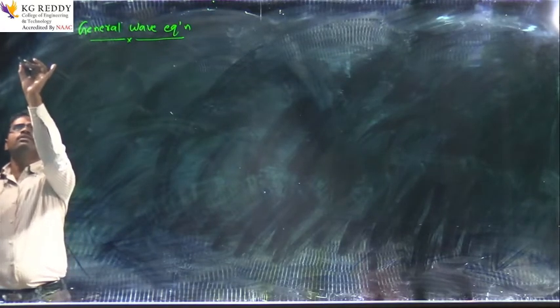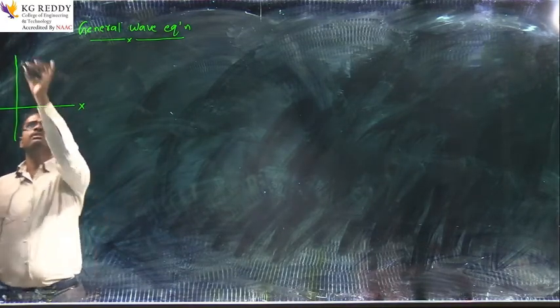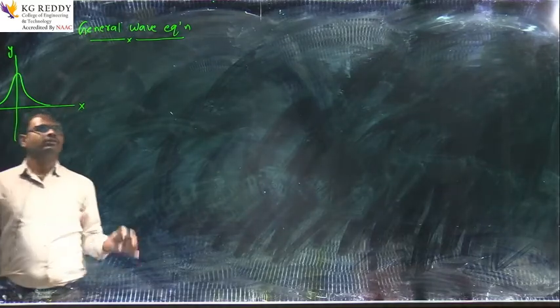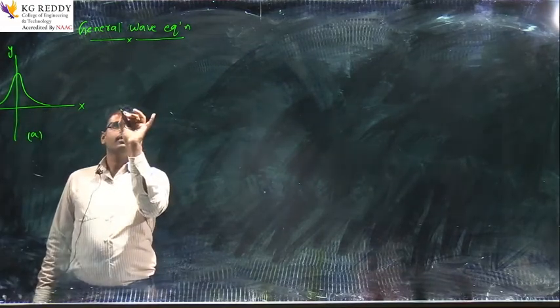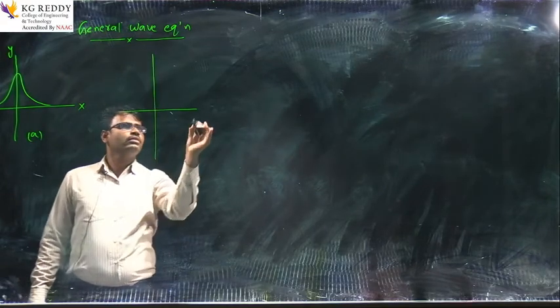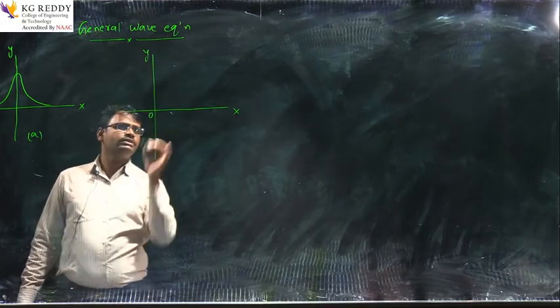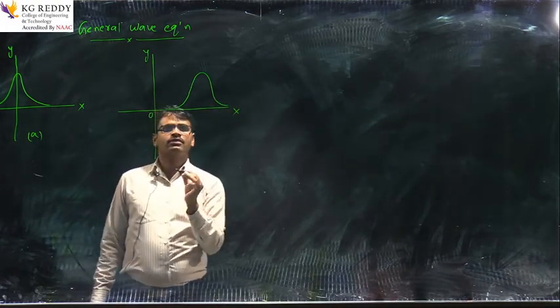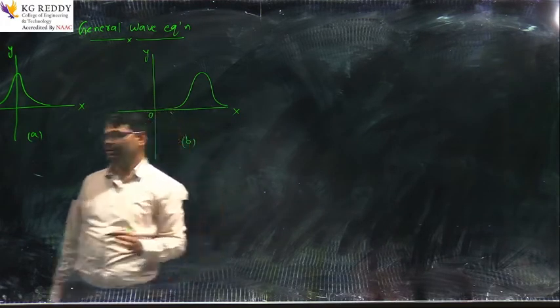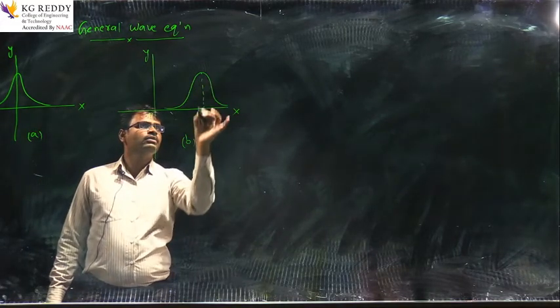Let us consider this is the x axis, y axis, this figure number A, and the second one is x axis, y axis, origin O, figure number B. In both cases amplitude is the same, that is capital A.